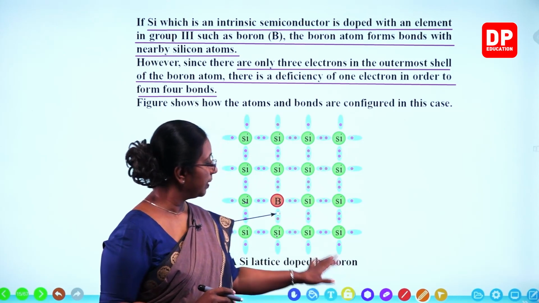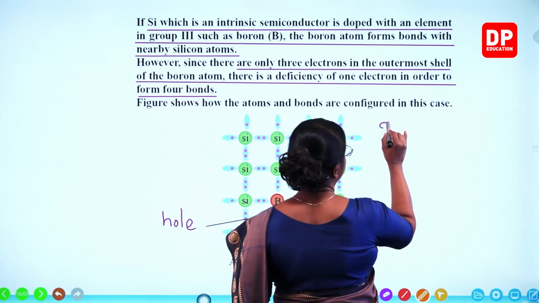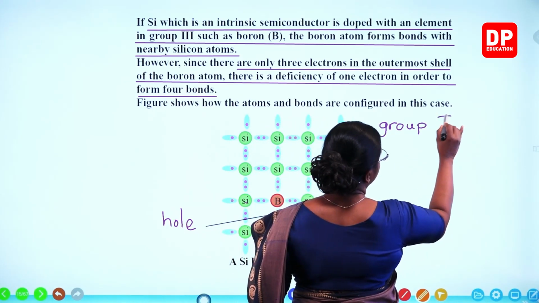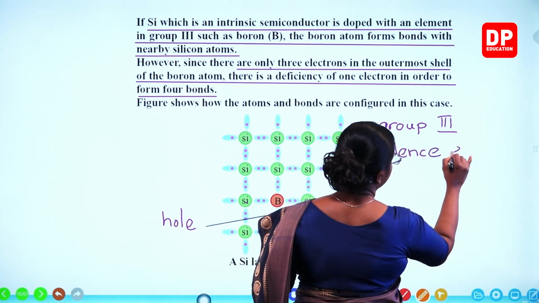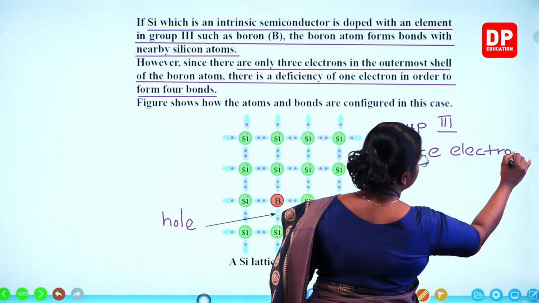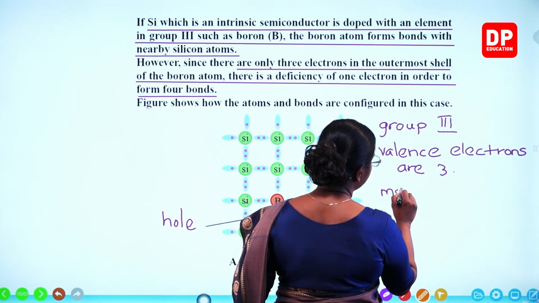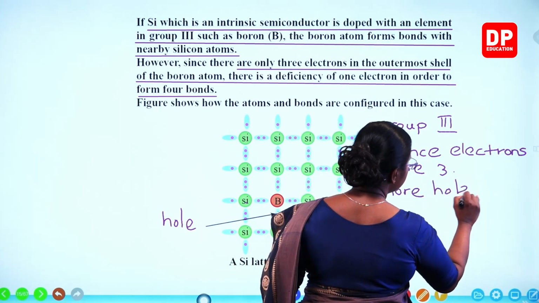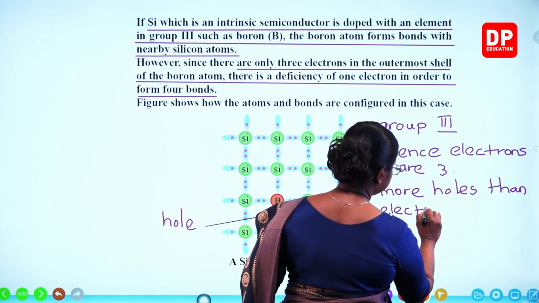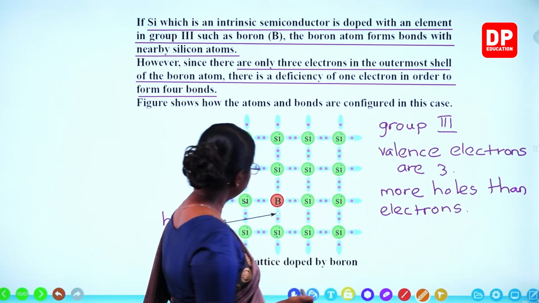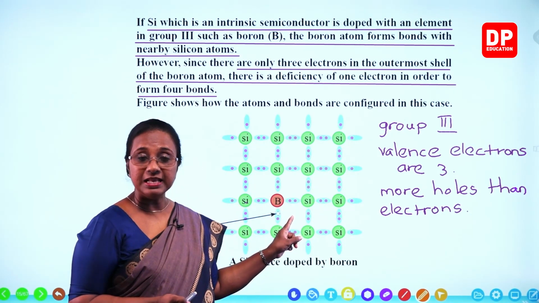So when you dope silicon or germanium with a group 3 element, the valence electrons are 3. Because of that, more holes are present, more holes than electrons. Here you can see, earlier if it had been silicon, all the electrons would have been there.